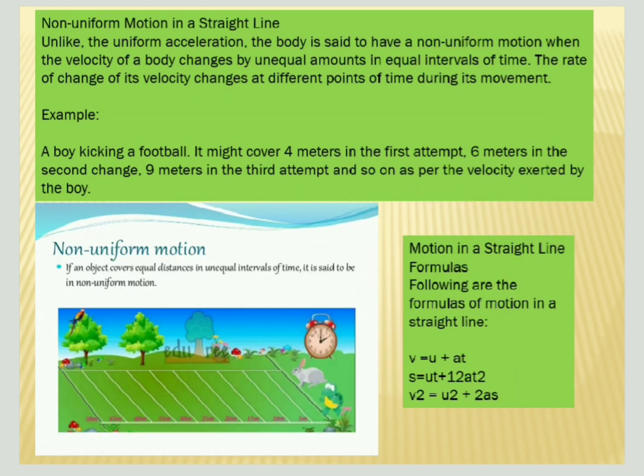Then non-uniform motion in a straight line. Here the example is a boy kicking a football. In the first attempt, when a boy kicks a football, it might cover 4 meters, 6 meters in the second kick, 9 meters in the third, and so on as per the velocity exerted on the ball. Unlike uniform motion, a body is said to have non-uniform motion when the velocity of a body changes by unequal amounts in equal intervals of time.